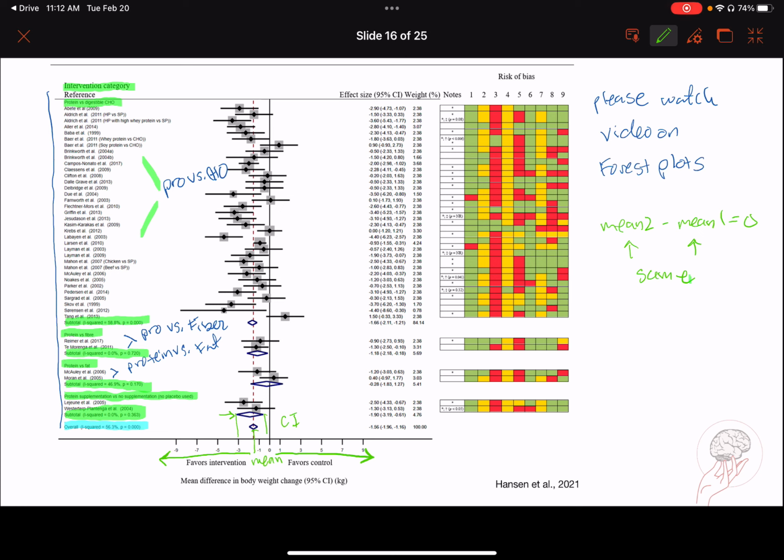And we quantify this by saying if the confidence interval contains 0, there's no difference between means.